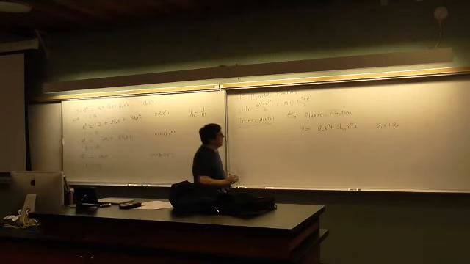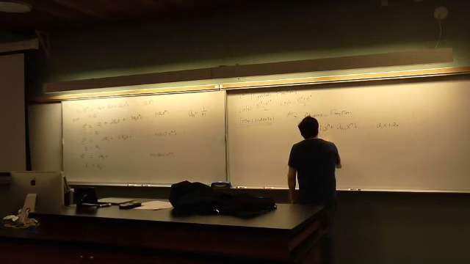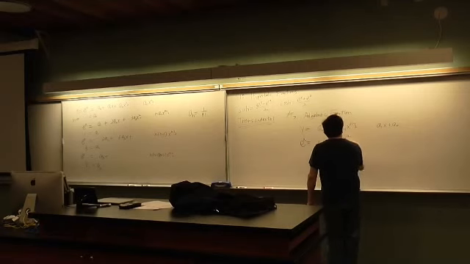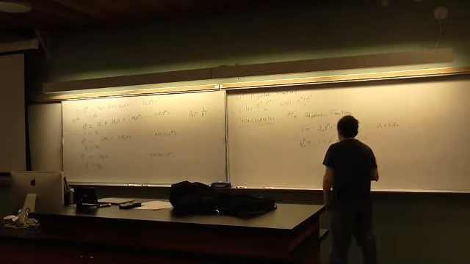And that means that I can now express e to the x as 1 plus x over 1 factorial, plus x squared over 2 factorial, plus x cubed over 3 factorial, and so forth.